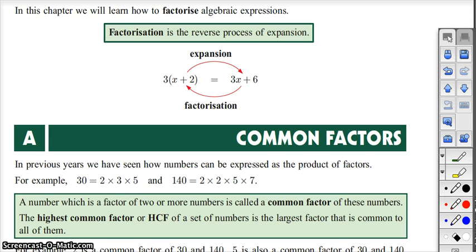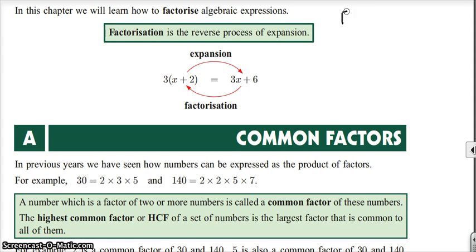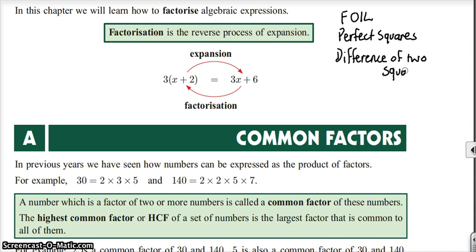Some of the processes we've done most recently, and you'll probably be sick of hearing it, is FOIL, perfect squares, and the difference of two squares. The difference of two squares was just the sign in the middle of them.